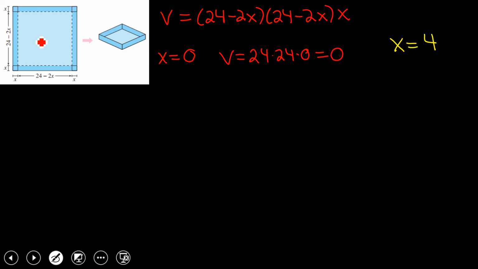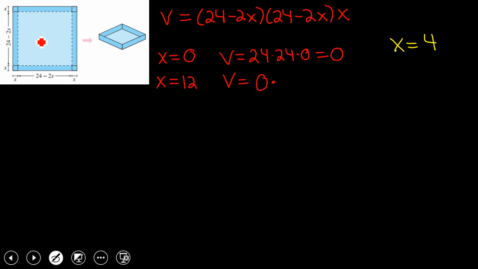Now my other endpoint, the biggest number that I can use, is 12, because if I use a number bigger than 12, I can't have a negative length, right? That's the only one I can use. This would end up making a volume of 0 times 0 times 12, which is also 0.